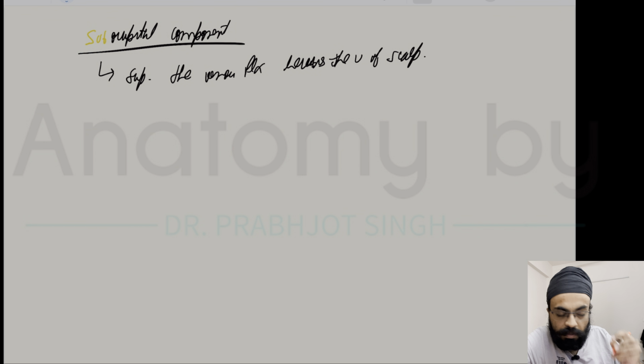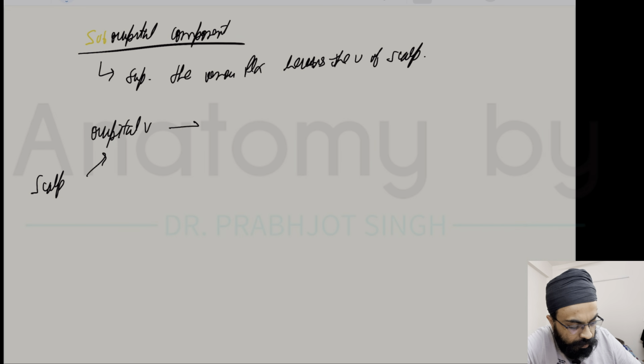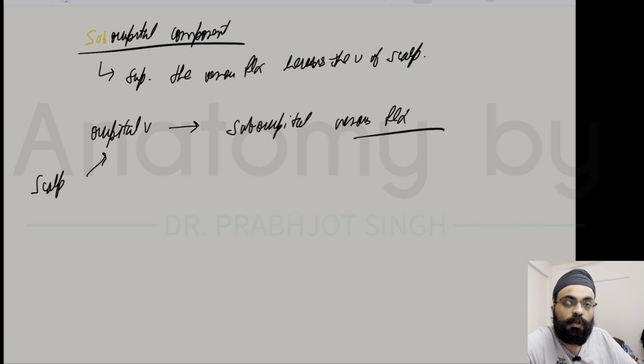So from the scalp you have one vein. The name of that vein is occipital vein. So the scalp drains into occipital vein, which drains into the suboccipital venous plexus, that is also the component of Bateson's plexus.